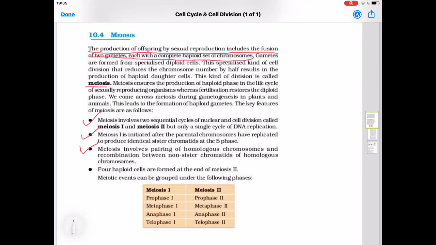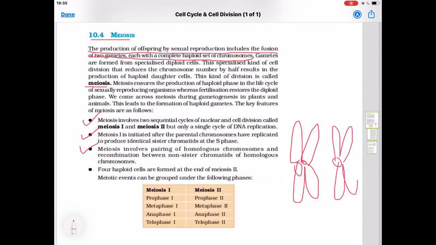In a diploid organism, one chromosome is contributed by the mother and one chromosome is contributed by the father. So for one character, a pair of chromosomes is there, that is known as homologous chromosomes.